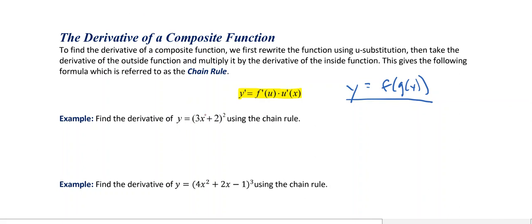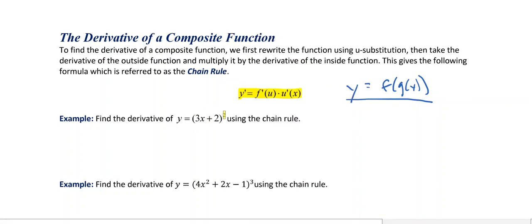We want to find the derivative of y equals 3x plus 2 squared. What I really want you to be able to do is recognize that this is a composite function. 3x plus 2 is the inside function, and x squared is the outside function. When we have a quantity in parentheses raised to a power, we're going to use the power rule.